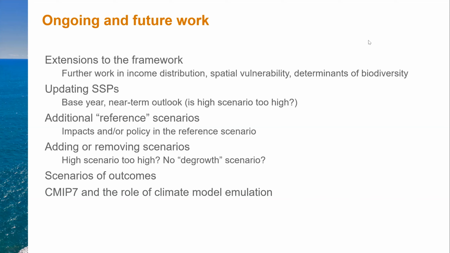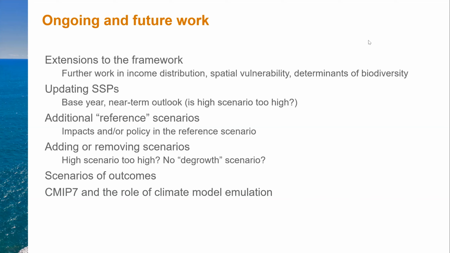Another one I want to emphasize is that the SSPs and the RCPs, right, we can think of these as scenarios of inputs in a sense. As I said at the beginning, these are pathways that were developed. They're around the outside circle, right, of elements that we want to combine into integrated scenarios to see how does the world turn out. SSPs are not how the world turns out.